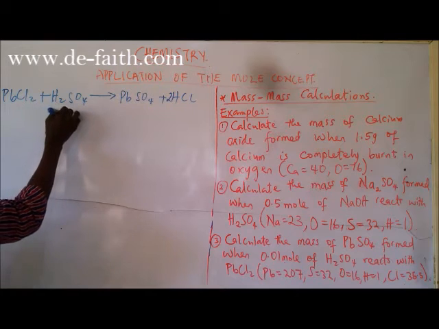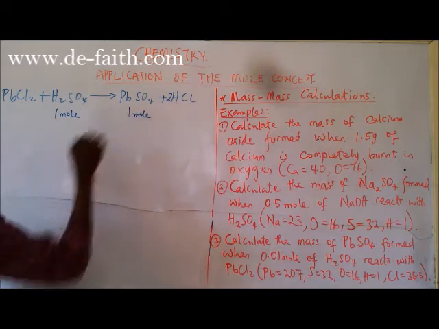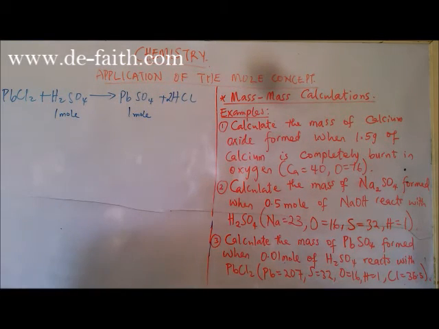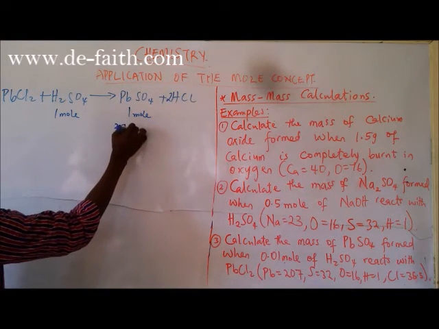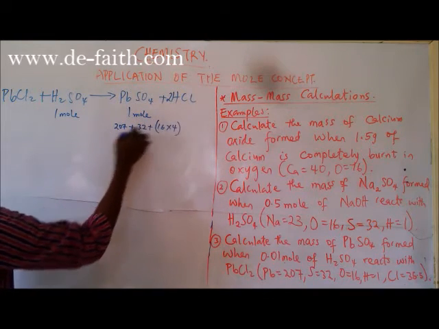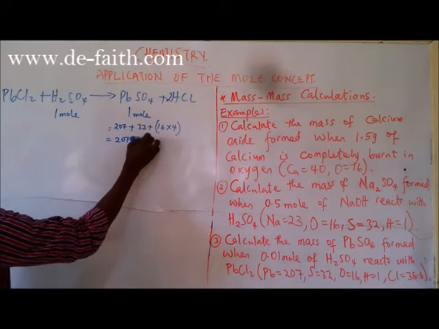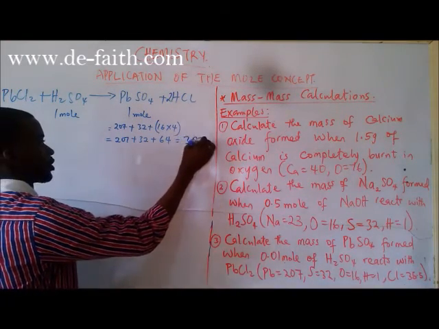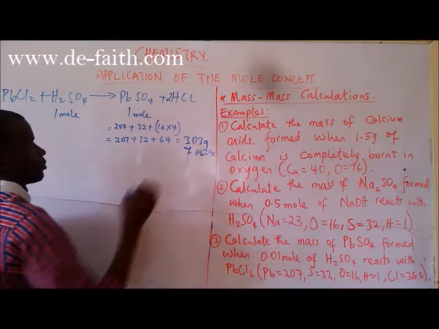So we are relating PbSO4 with H2SO4. We have 1 mole of H2SO4 here and we have 1 mole of PbSO4. With that, we are aware that we have to calculate the relative molecular mass of PbSO4. We are told that lead is 207, sulfur is 32, and oxygen is 16 multiplied by 4. That's 207 plus 32 plus 64 grams, and that will give us 303 grams of PbSO4.